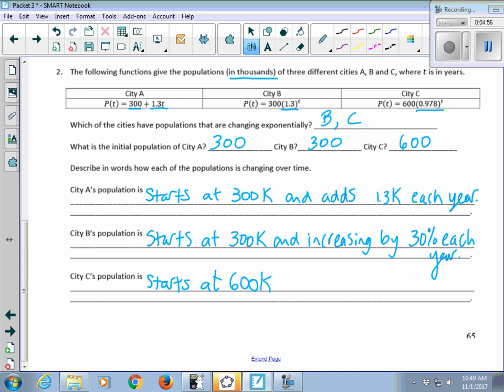600,000 people. And then 0.978 is my factor, it's a decay factor because it's smaller than 1, right? So if I multiply 600 by a number smaller than 1, I'm going to get a value less than 600. So this is decay. And 0.978, that's 97.8% of the population that stays. That's the population that remains.